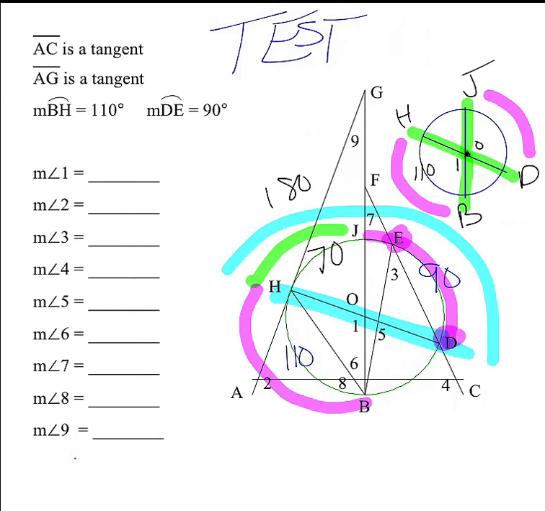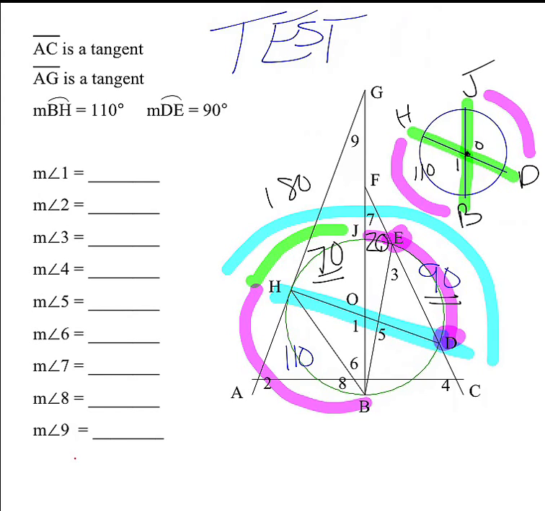And I have two pieces there. I have 70 and I have 90. Well, that's a total of 160. That's only going to leave me 20 degrees for this little bitty arc right here. But now I know what that is.